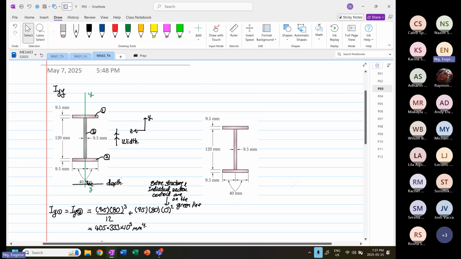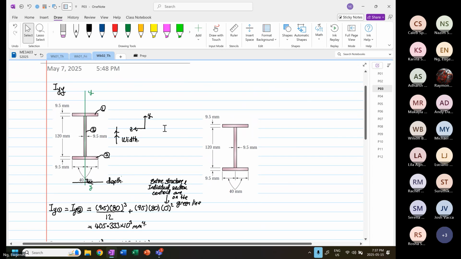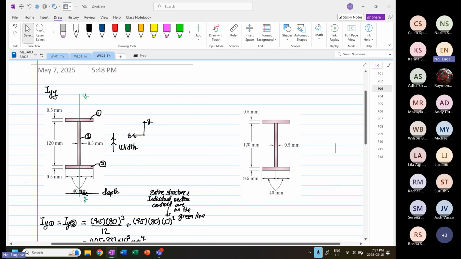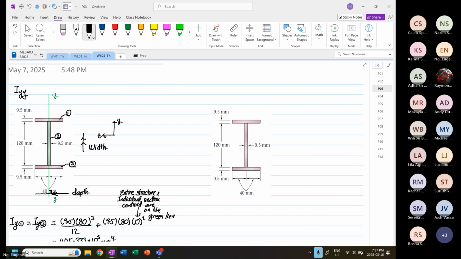Now we look at the one on the right. We want to determine our IZZ. So from here, I'm going to sketch our ZZ axis.